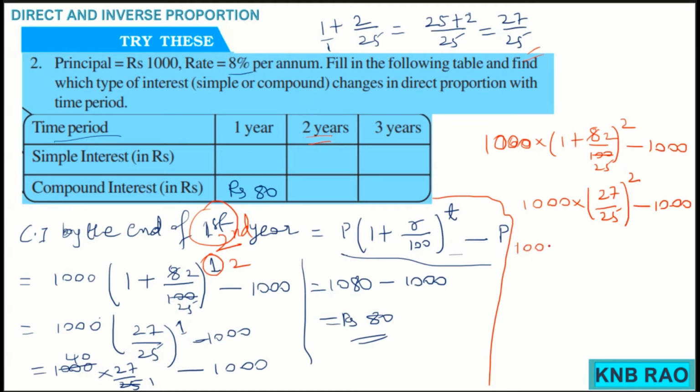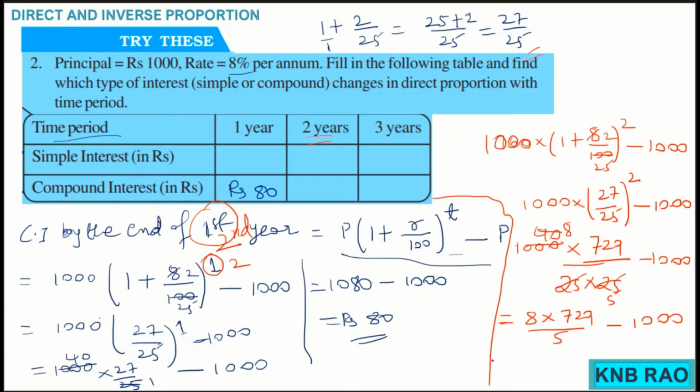You know how to calculate 27 square. 27 square is 729 upon, I am not squaring 25 because I have a chance of cancellation. So 25 ones are 25, 40s are, again further 5 8s are 40, 5 5s are 25. So that means I am going to have here 8 multiplied by 729 upon 5 minus 1000.